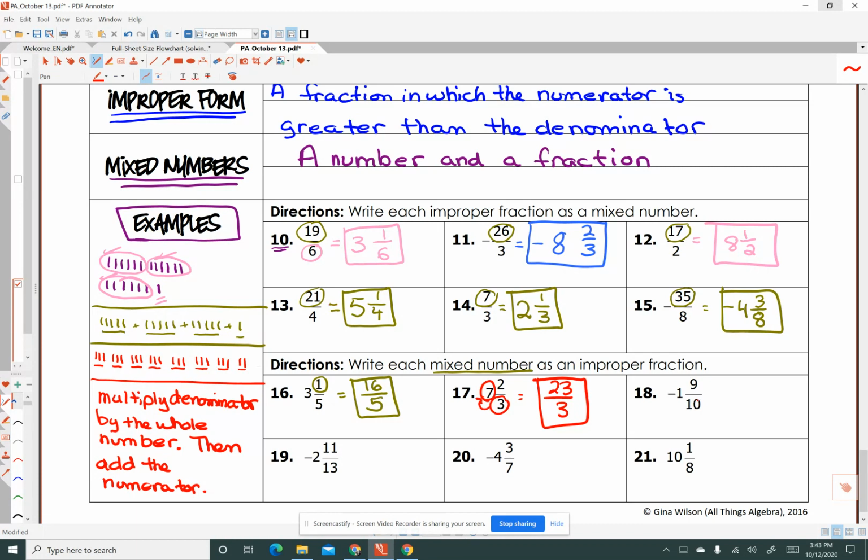So let's try it over here. 10 times -1 is -10, plus 9 equals -1... so 19. So our final answer will be negative, we need that negative sign, 19/10.